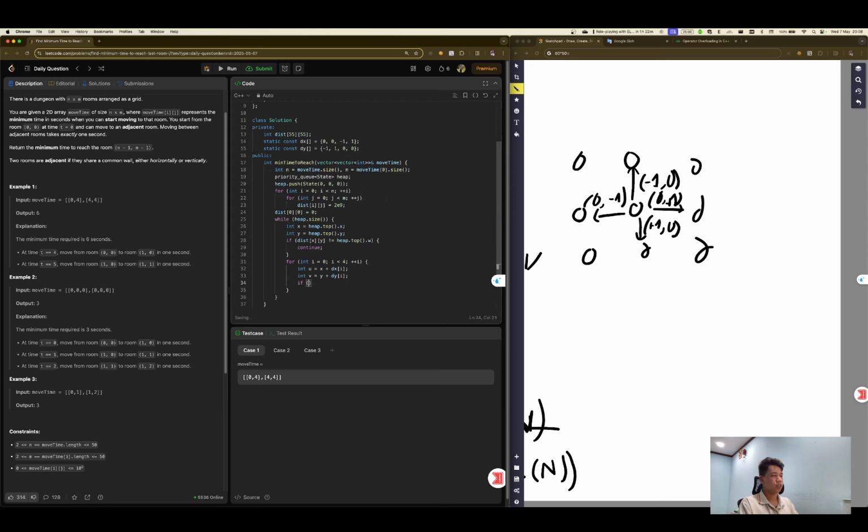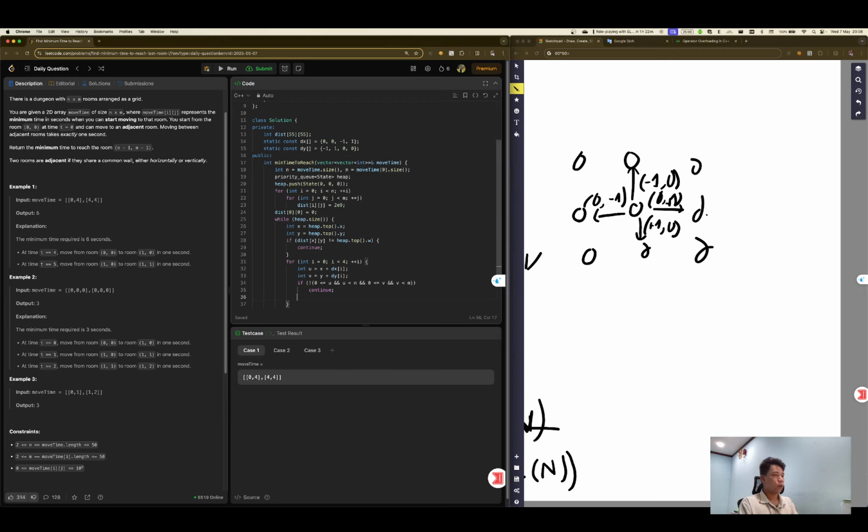If it's not inside, that is when the coordinate is not less than n, so we continue. It's not the case because it goes outside, like from this cell to this one is outside.